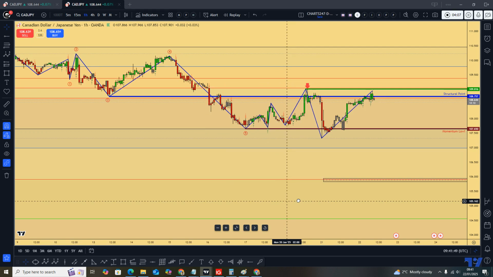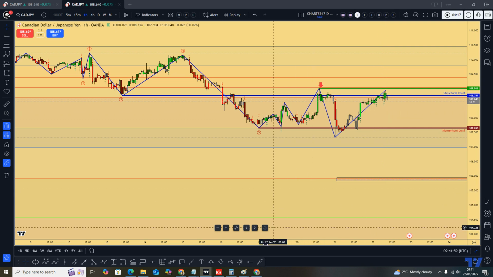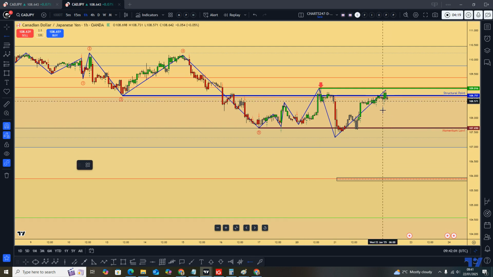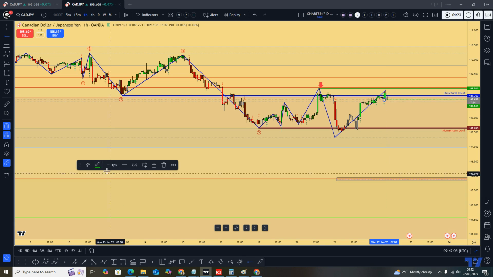The entry for this wave 2 will come in below this breakout candle. This low is 108,614. So I can label that. We've already traded below it, but we haven't closed below it yet.